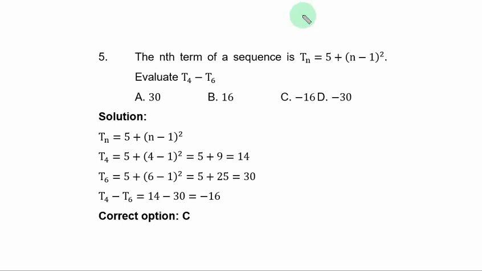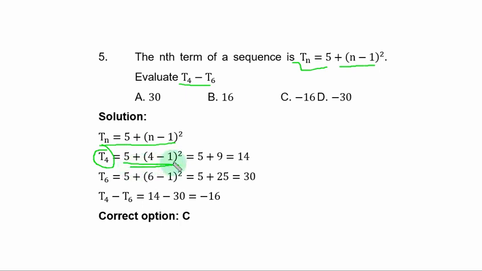The nth term of a sequence is t sub n equal to 5 plus n minus 1 all squared. Evaluate t sub 4 minus t sub 6. So this is the nth term. At t sub 4, it means n is equal to 4. So you replace n with 4.